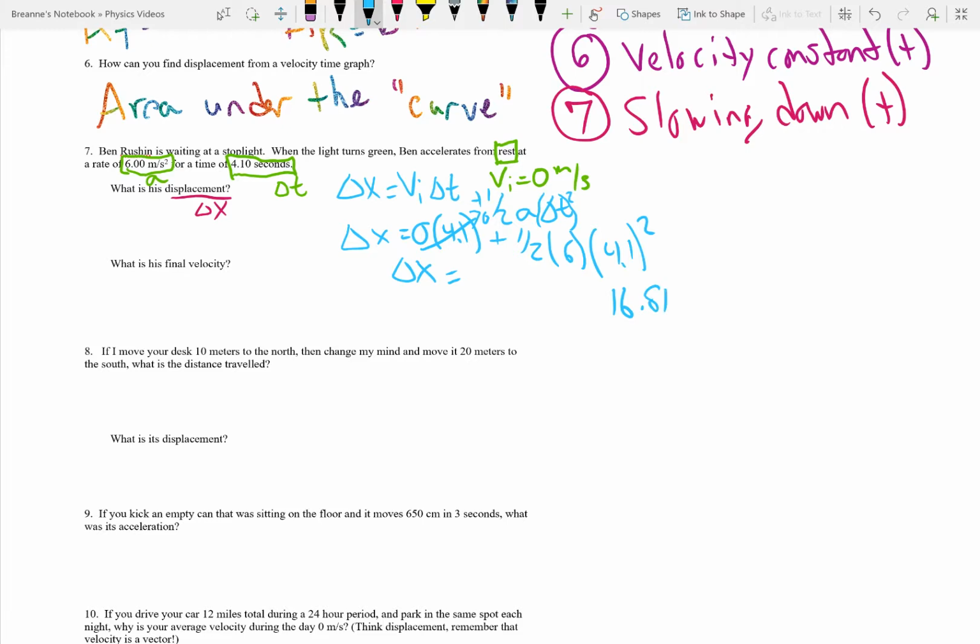I knew it'd be 16, I just couldn't figure out the decimal. You halve your 6, so I'll give you 3. Like I said, that's just 0. So your delta x, you do 3 times that, and you get 50.43 meters because it's displacement. Can't forget about your units. No naked numbers running around. Okay? So that's that one.